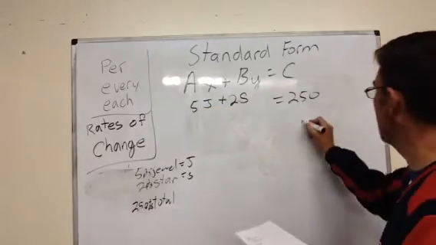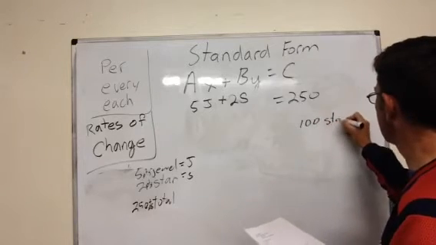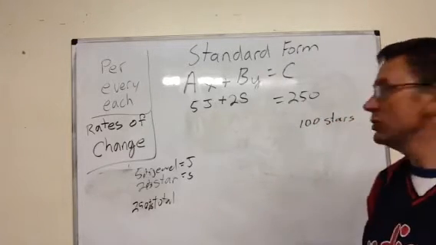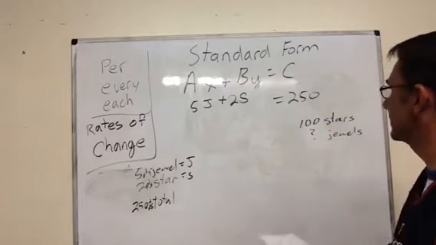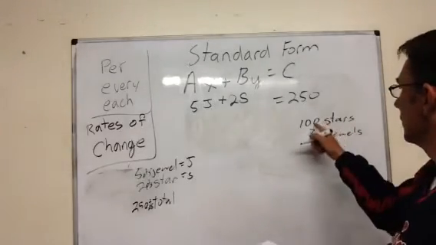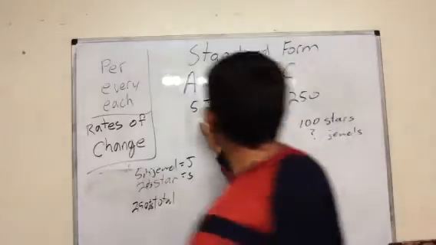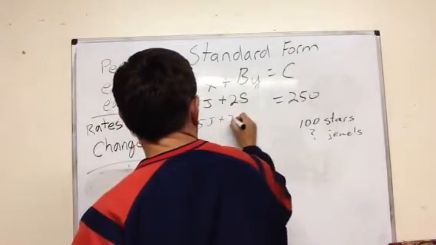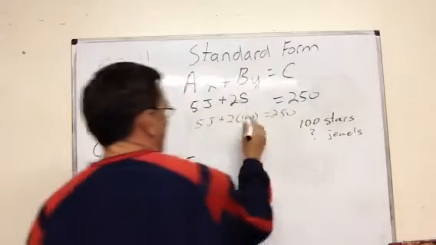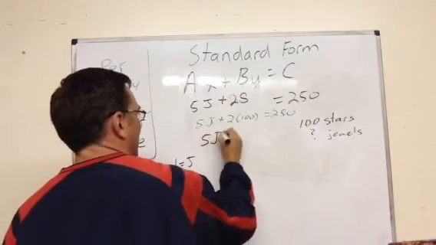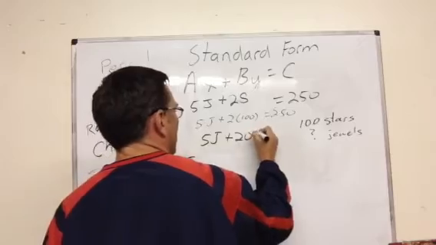Now it says we find 100 stars. How many jewels do we find? That's our unknown. Well, we're going to plug the 100 in for our S. Then multiply that out, and that's 200.